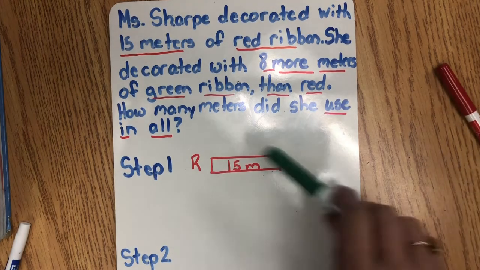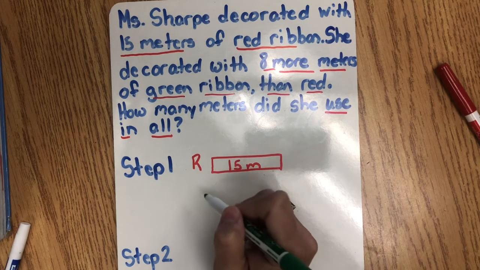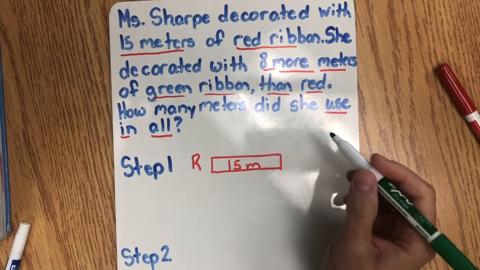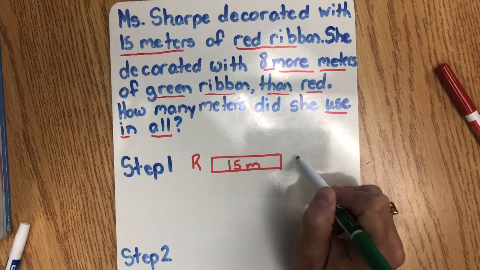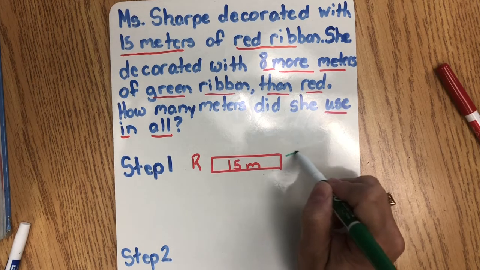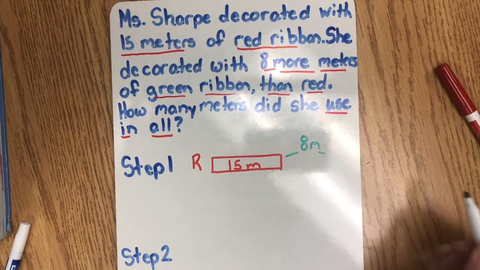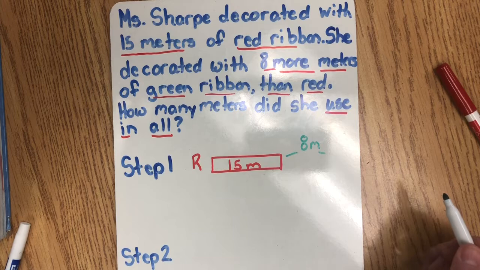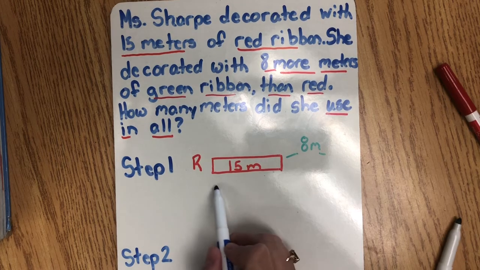I just so happen to have a green as well. And we know that the green was 8 more meters than the red. And we want to know what that total is of all of the ribbons.